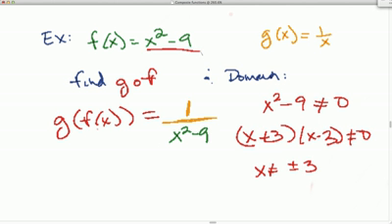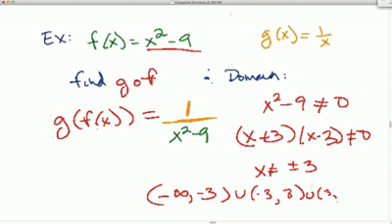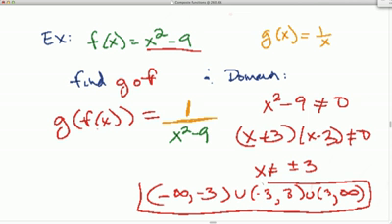There are no denominators, no square roots, so we have a domain of all real numbers. So how do we combine not equal to plus or minus 3 in all real numbers? Well, the only restriction we have here is the plus or minus 3, so we would go from negative infinity to negative 3, union negative 3 to 3, union 3 to infinity. Alright? There's your domain right there, and there's your composite function.